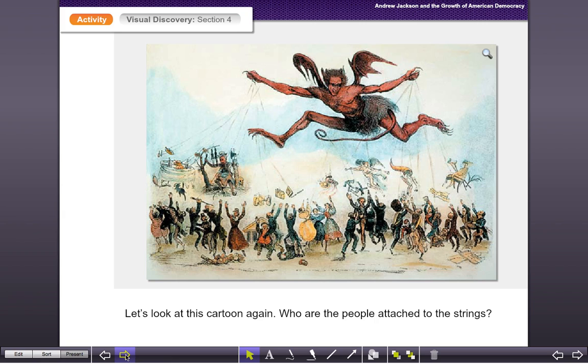So let's go back to our cartoon. Who might the people attached to the strings be? We want to think about that. Are these Jackson's supporters, or are they Jackson's opponents? Think about some of those things. From the cartoonist's point of view, what do you think is the cartoonist's opinion of these people?